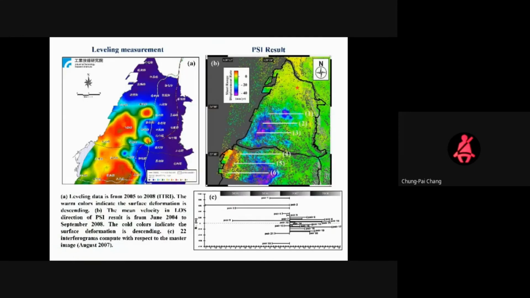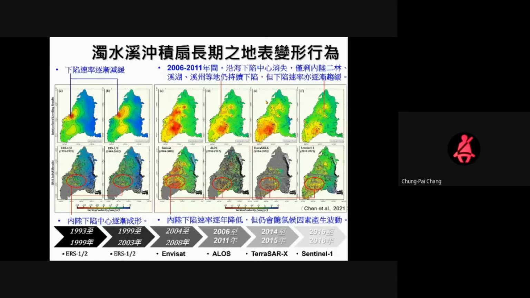You can compare this result with, of course, leveling data, and it is quite similar. The subsidence center is here and here, and each pixel here can represent one measurement. So the density of this measurement is quite high.